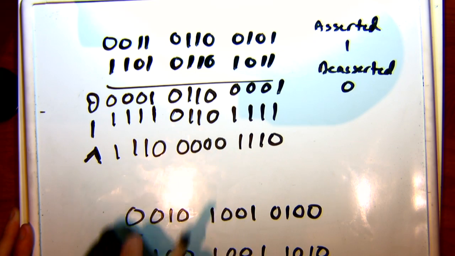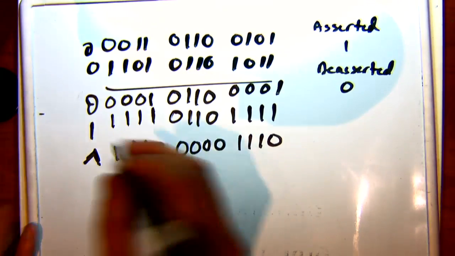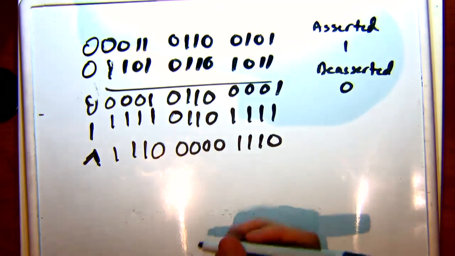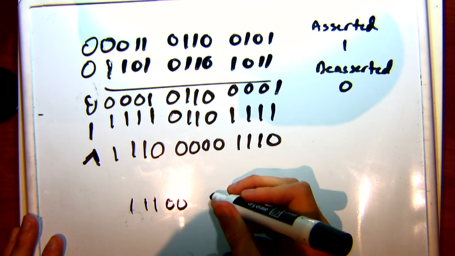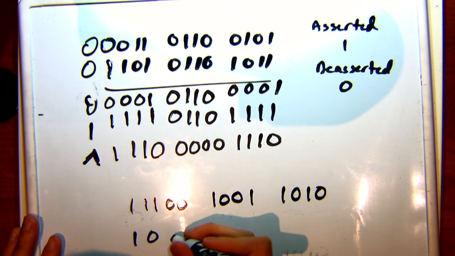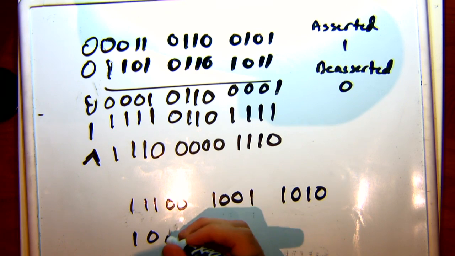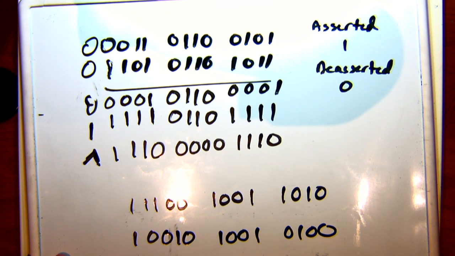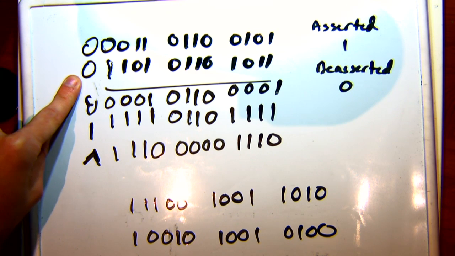But if there are more bits here, let's say that these were all padded with 0, that first number is going to be all right, but the second number is now wrong because it's still negative, because we inverted that bit which was there, but we didn't know it was there.